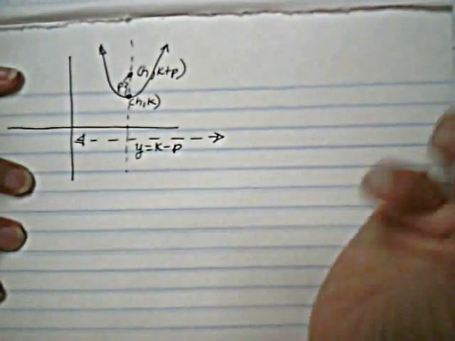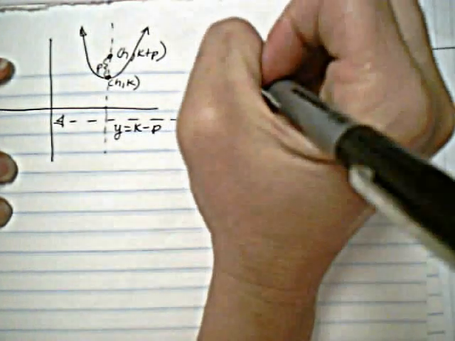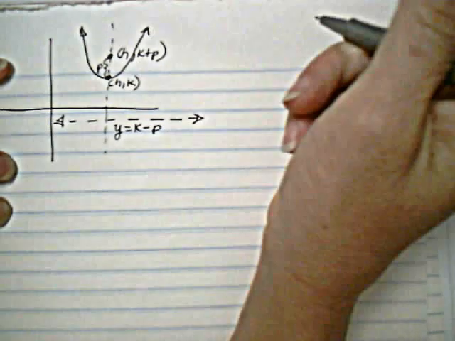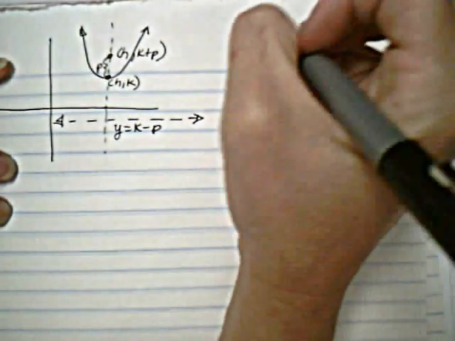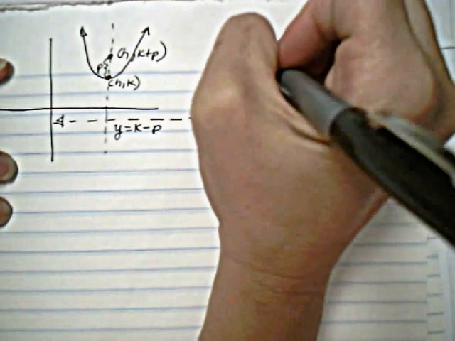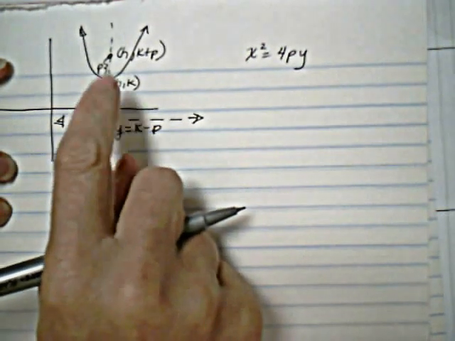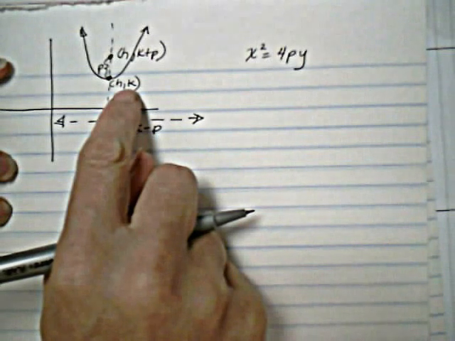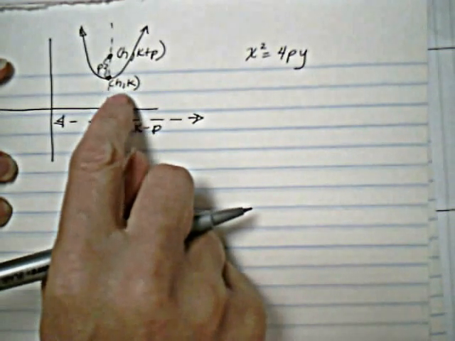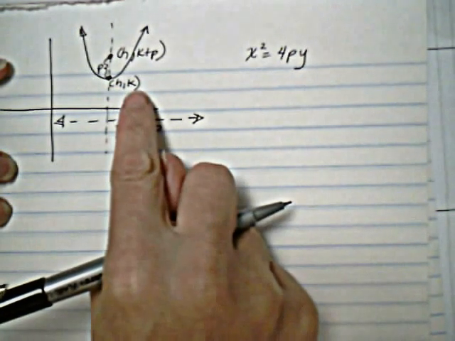Now, if you remember in the last video, I said that for a vertical axis of symmetry and vertex at the origin, we had x squared equals 4py. That is not this case. This case has a vertex at (h, k). So the only thing I'm going to change here is wherever I see an x, I'm going to put in x minus h, and wherever I see a y, I'm going to put in y minus k.